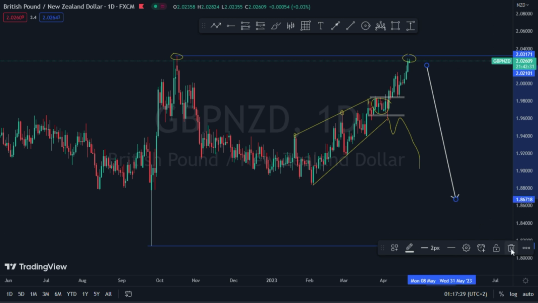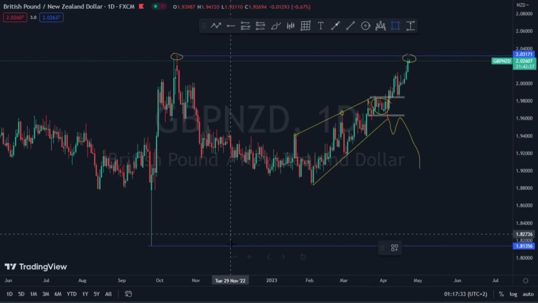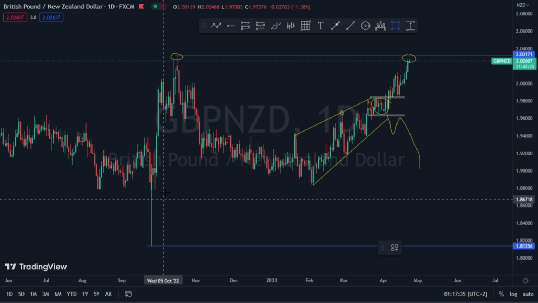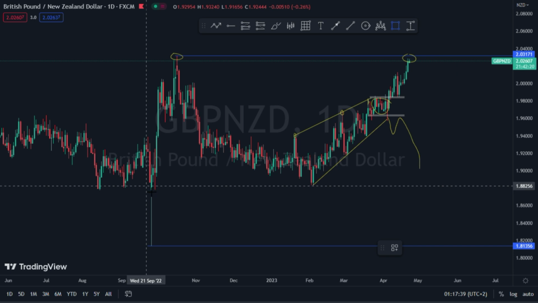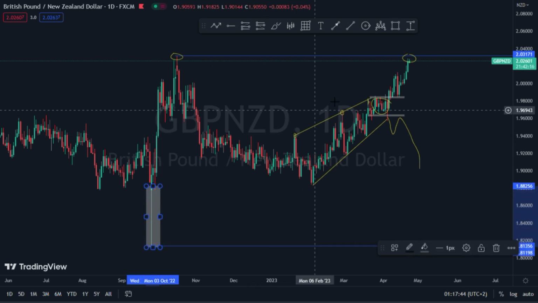if we look at the lower levels of this market, right here we have this rejection candlestick. The market is more likely to come back and fill this whole rejection right here.